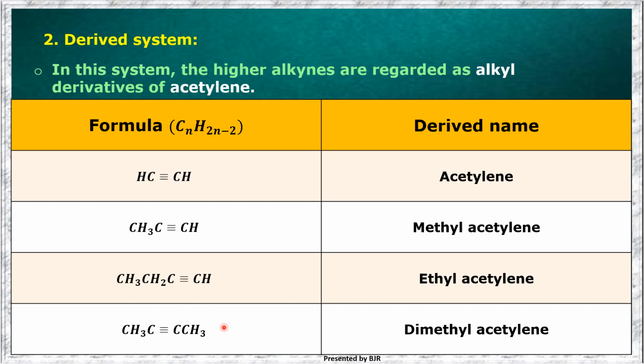In this alkyne there are two methyl groups, so it is dimethyl acetylene. So like this, higher alkynes are named as alkyl derivatives of acetylene.